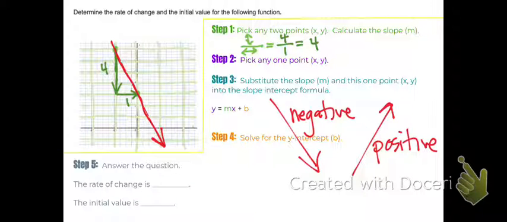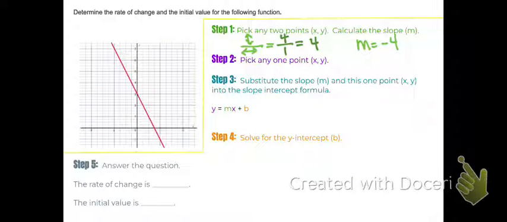So it is negative slope. So my slope is actually -4. Now slope is the same as rate of change. They're synonymous. So I already know part of the answer to this question. The rate of change, the slope, is -4.